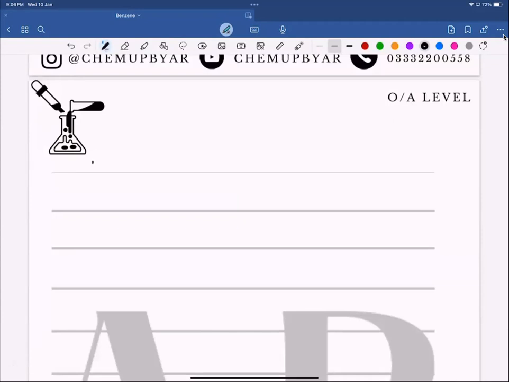Now, third we have Friedel-Crafts acylation.